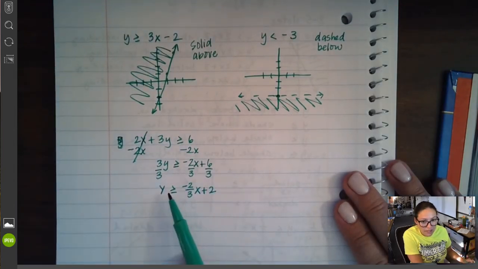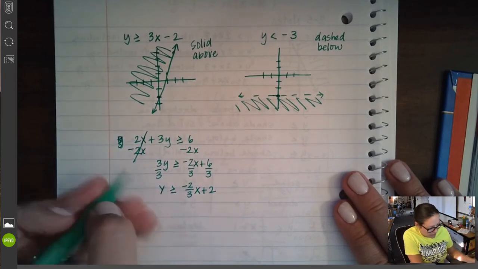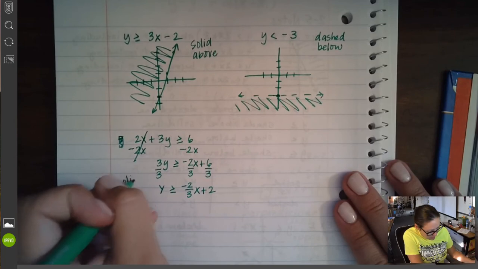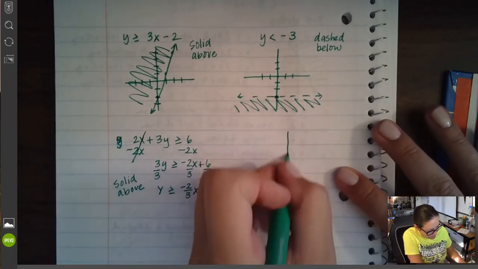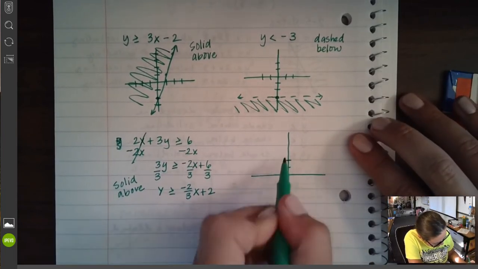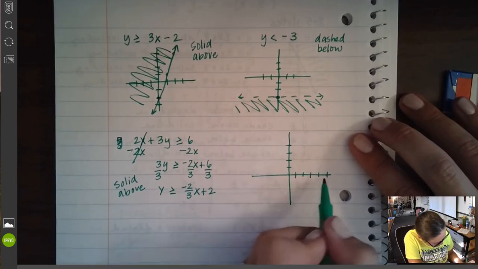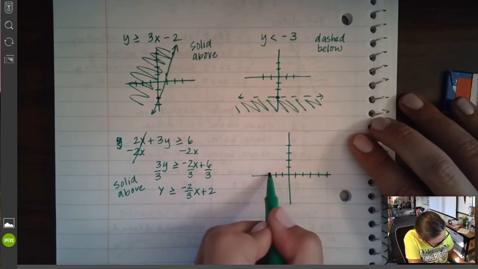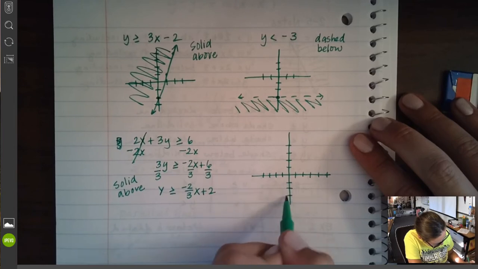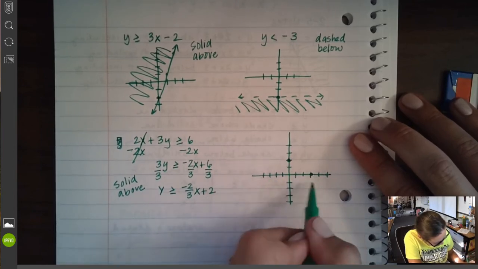And now that I have the y by itself, greater than or equal to means that it's going to be solid. And we're going to shade above. Start at 2, down to over 3.